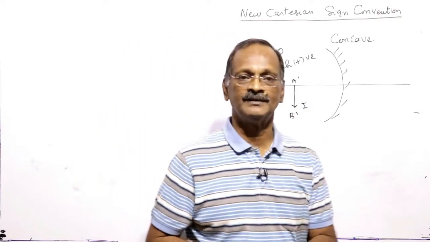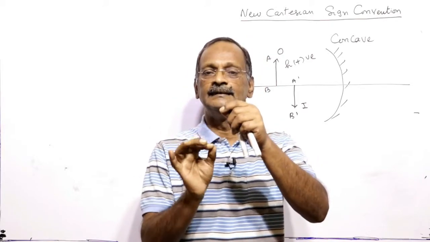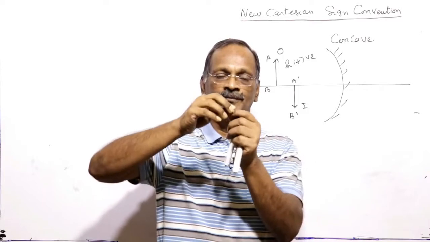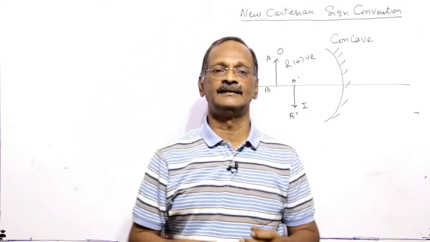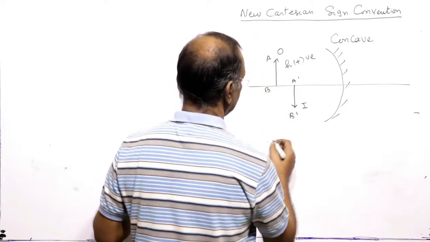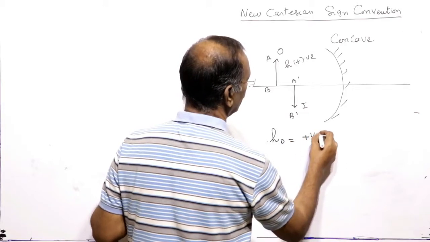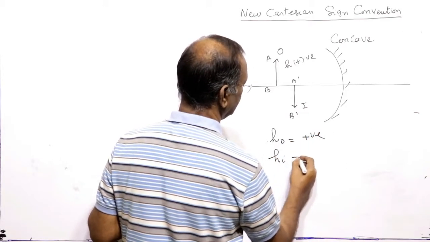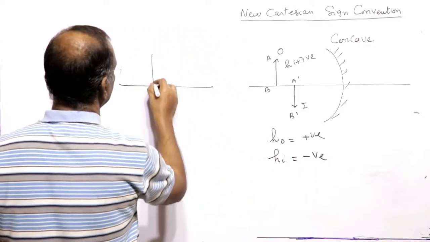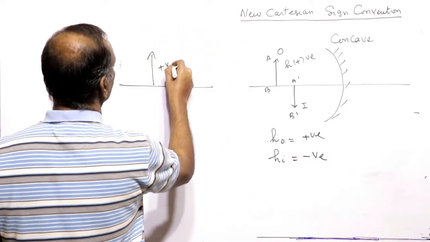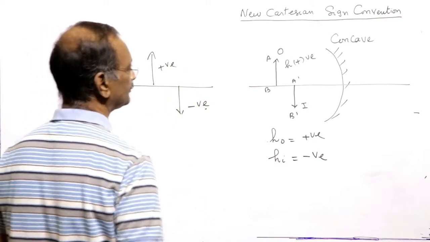If we measure the distance from the principal axis perpendicular downwards, that height is negative. So the height of the object in this case is positive, and the height of the image in this case is negative. So it's very simple. This will be treated as positive height, and this will be taken as negative.